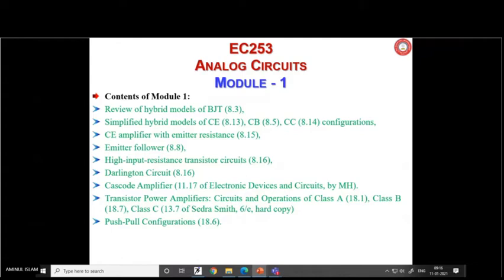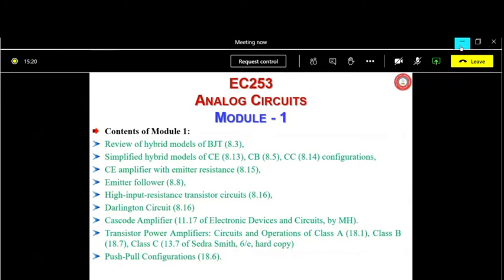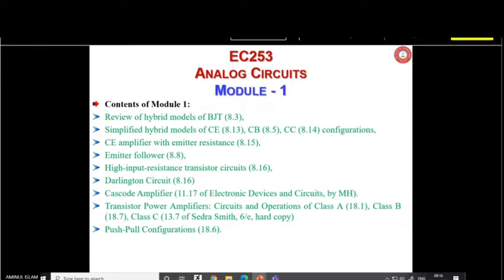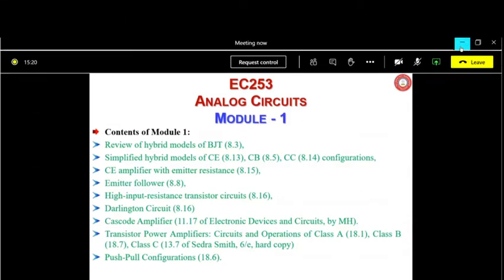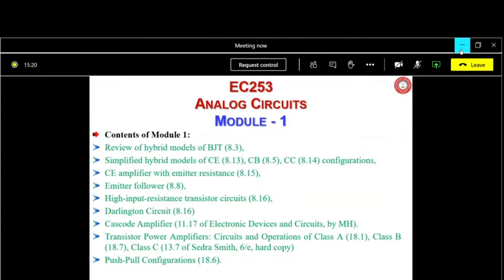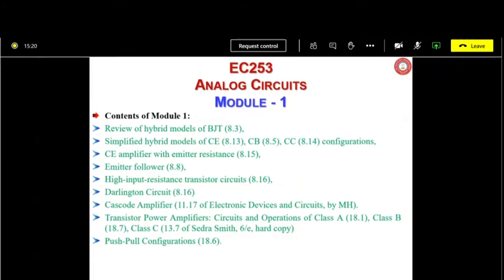Many resistance-based networks you have come across and solved. You have found the Thevenin voltage, Thevenin resistance, then Norton short circuit current, etc. You have solved the equations also and simplified the network.